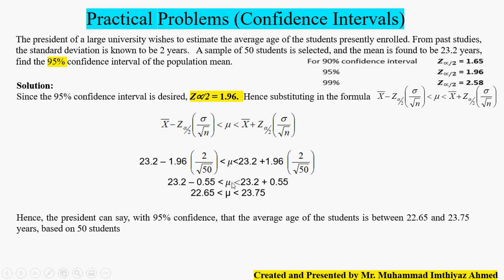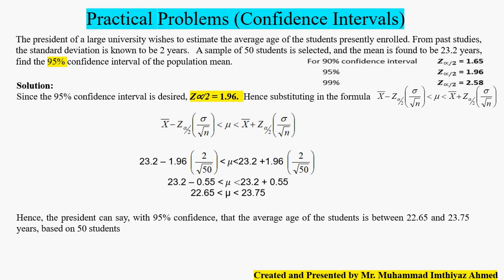So after using the formula, whatever we derive, we need to mention and write as comments. So this is the problem with regard to 95% confidence interval of the population mean.